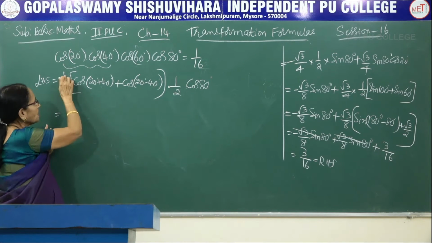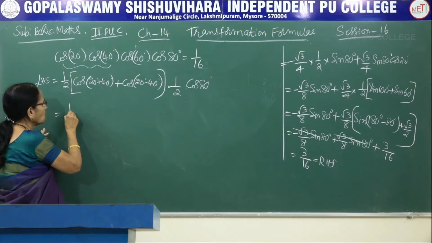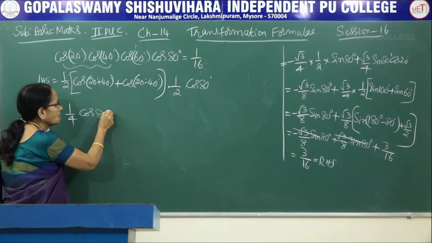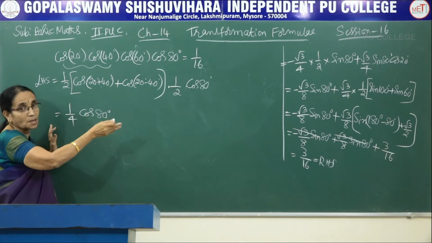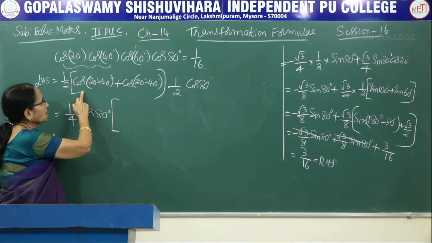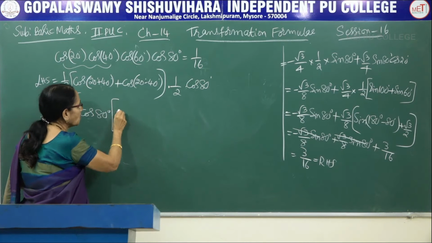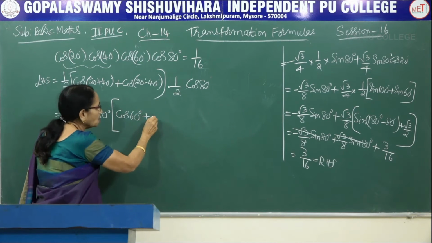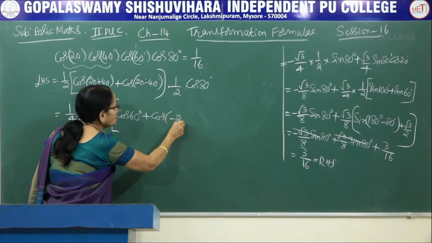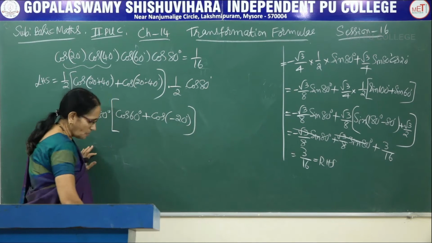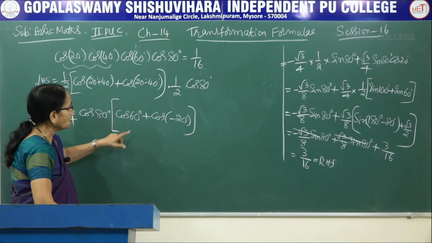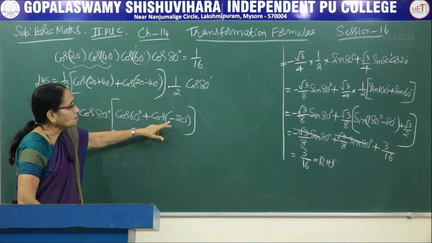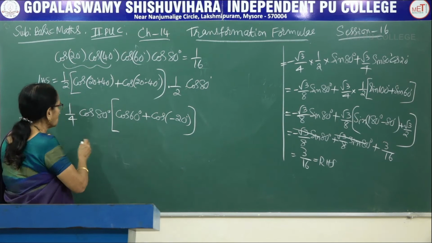Now let me multiply 1 by 2 into 1 by 2, that is 1 by 4, into cos 80. Here itself you can write. So I am multiplying all the terms outside the square bracket into cos of 20 plus 40, it is cos of 60 plus cos of minus 20. Again, cos 60 is a standard value, 1 by 2, just now we have written. Cos of minus theta, as you know, is cos theta.